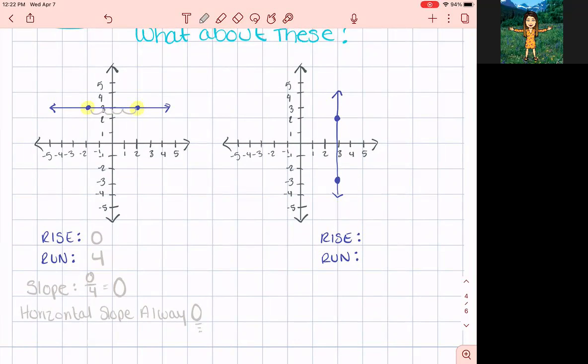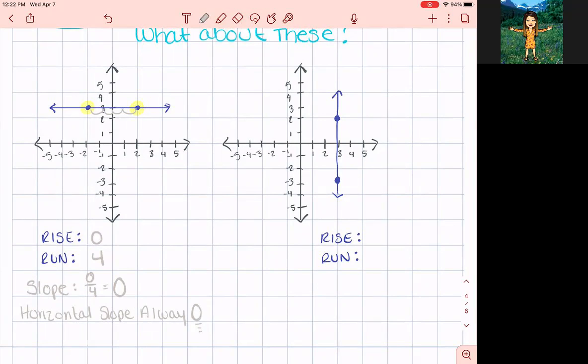If it's a straight horizontal line, the slope is 0, meaning it doesn't grow or get smaller no matter how many figures we go over. That's always 0. So you can do what we just did, where you find the actual slope, the rise is 0, run is 4, slope 0, or you can just remember that's a horizontal line, so the slope is going to be 0.